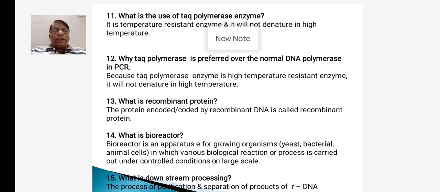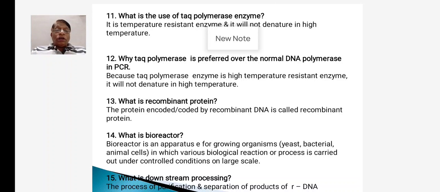Why Taq polymerase is preferred over the normal DNA polymerase in PCR? Because Taq polymerase enzyme is high temperature resistant enzyme. It will not denature in high temperature. But normal DNA polymerase will denature in high temperature. That is why it is preferred.